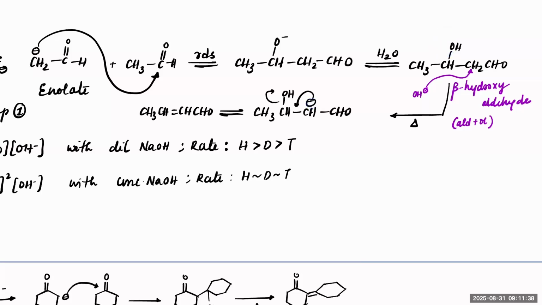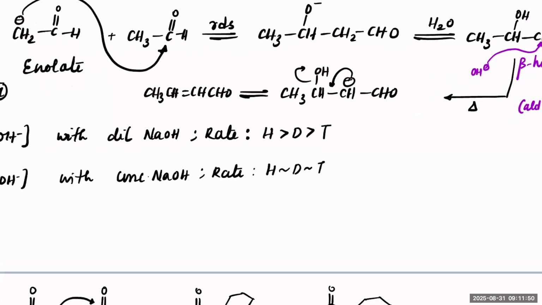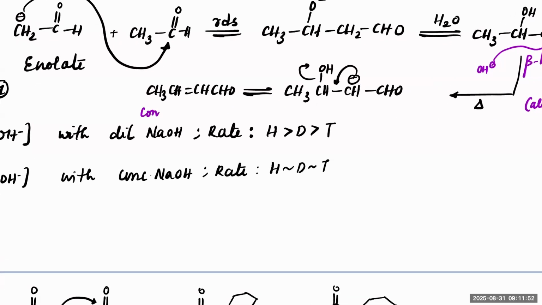Complete carbanion will form, which is a conjugate base. And this conjugate base can push the electrons to make a double bond, leaving the OH minus, and thus we can get a double bond here. So the double bonded group is called condensed aldol.